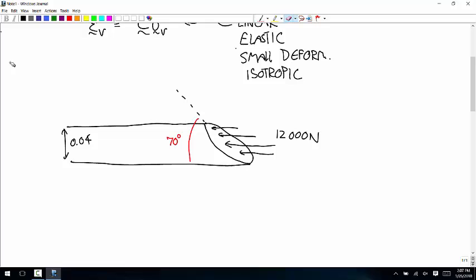What we need to do is figure out how to express that total force as a traction. We need that in force per area.